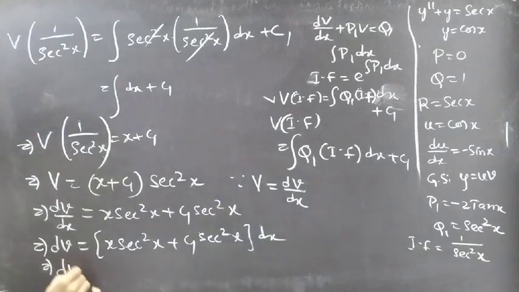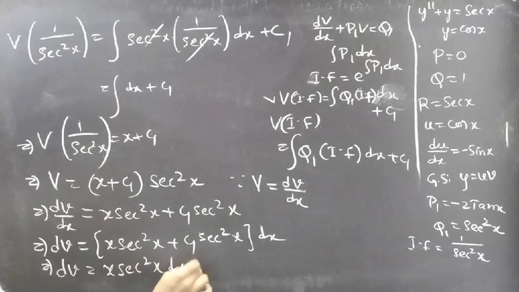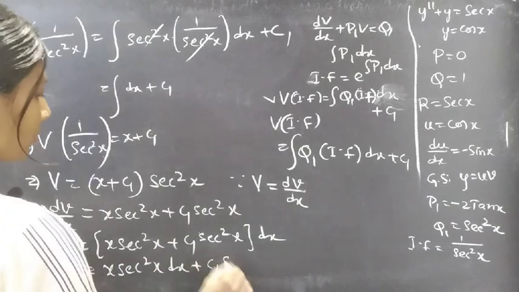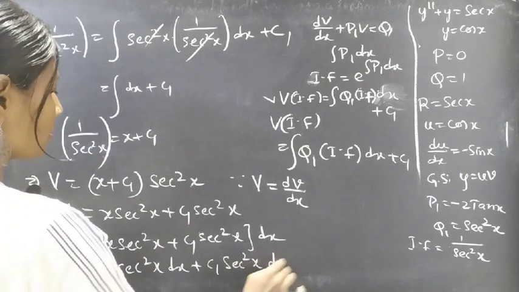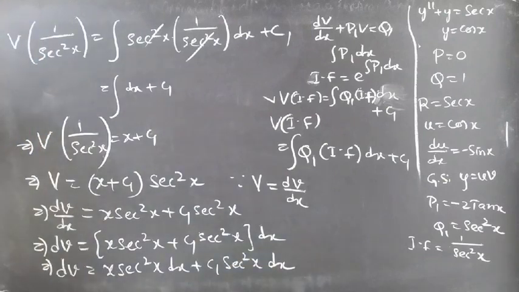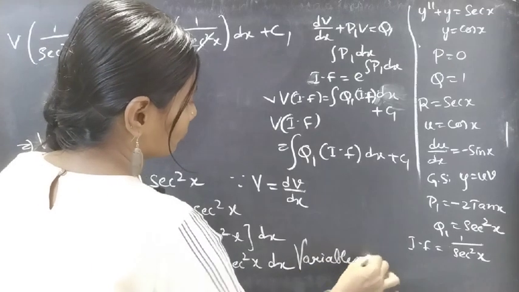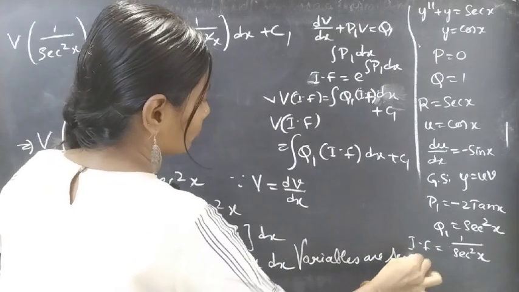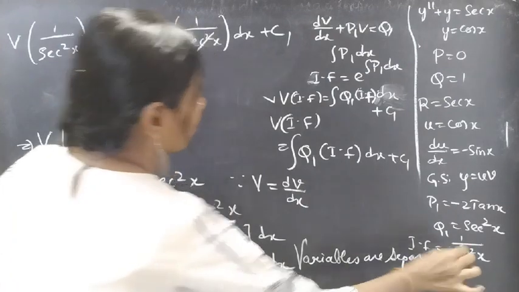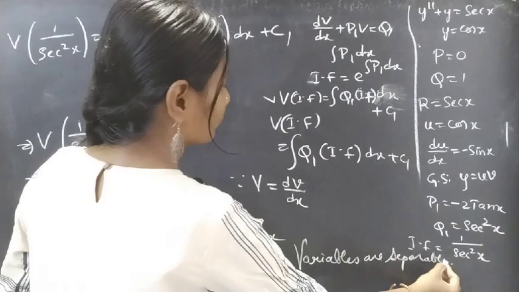Then dv equals x secant square x dx plus c1 secant square x dx. Here the variables are separable. Let's now perform integration.